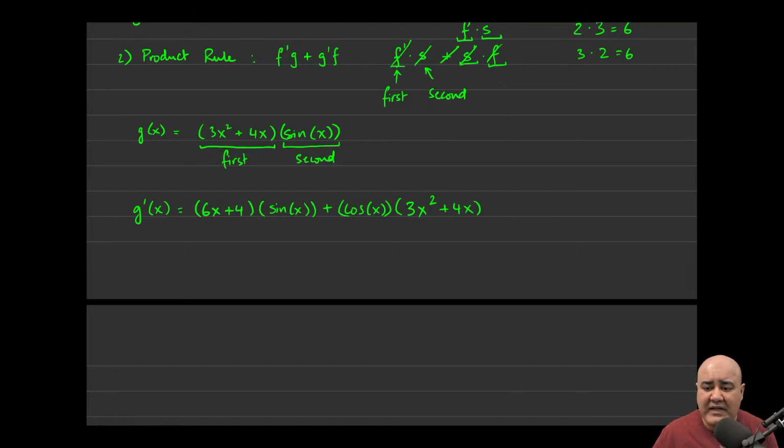So I'm not going to go into algebraic simplification. It's just to remind you of the derivative rules themselves. So hopefully that makes sense with the product rule. Derivative of the first times the second plus the derivative of the second times the first. It's the exact same thing as f prime g plus g prime f, but memorizing it in words, now we'll see in quotient rule gives us a little bit of an easier time.